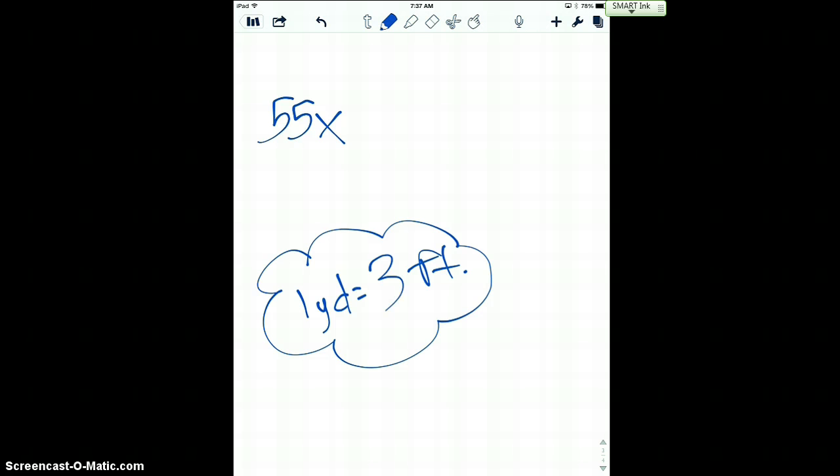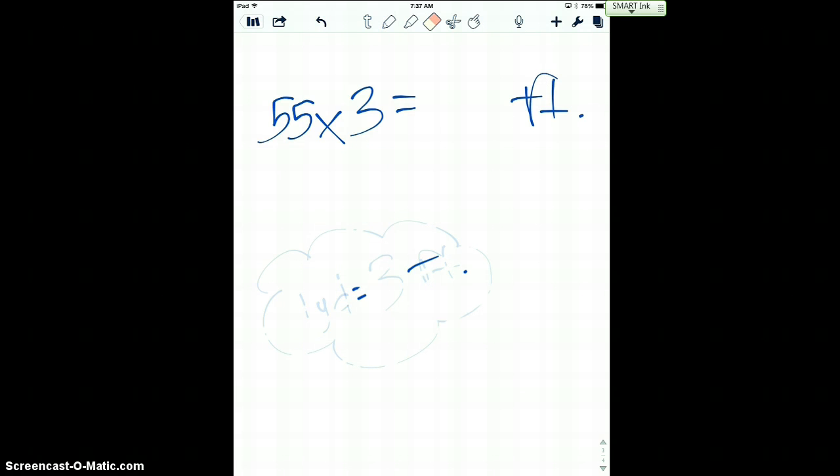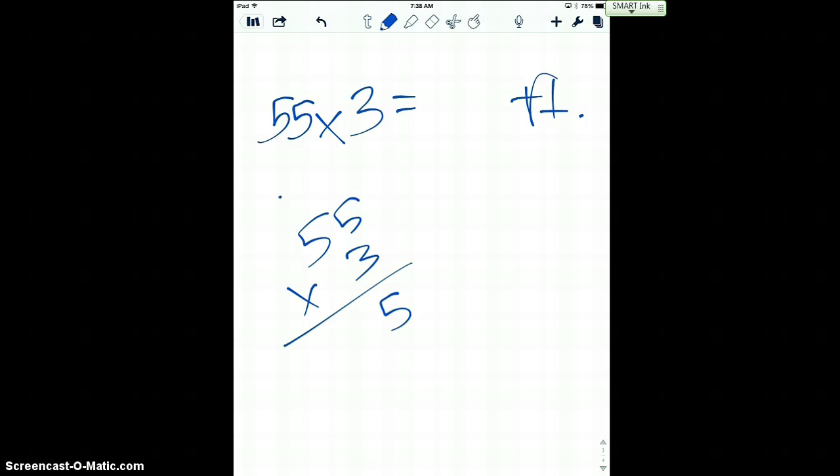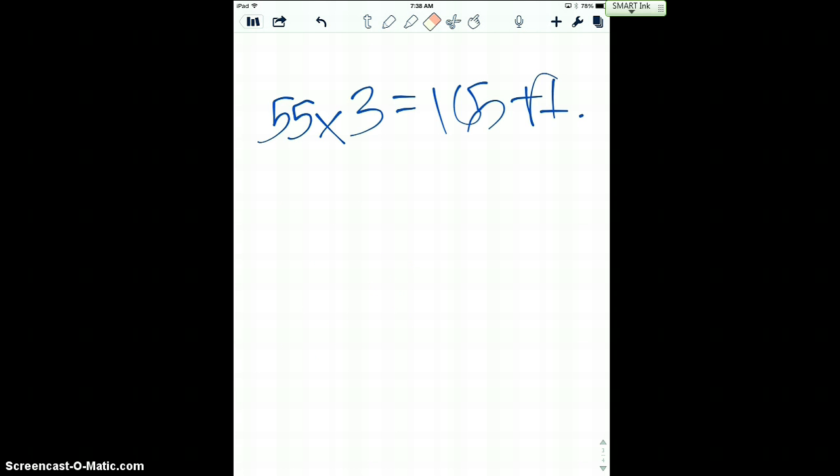There are 3 feet in a yard. So we're going to multiply that by 3 to get how many feet that is. So let's see if we take 55 times 3, and hopefully you can get this before me, 165 feet. So right now, we know the fastest snail, speckled garden snail, can go 165 feet in 1 hour.